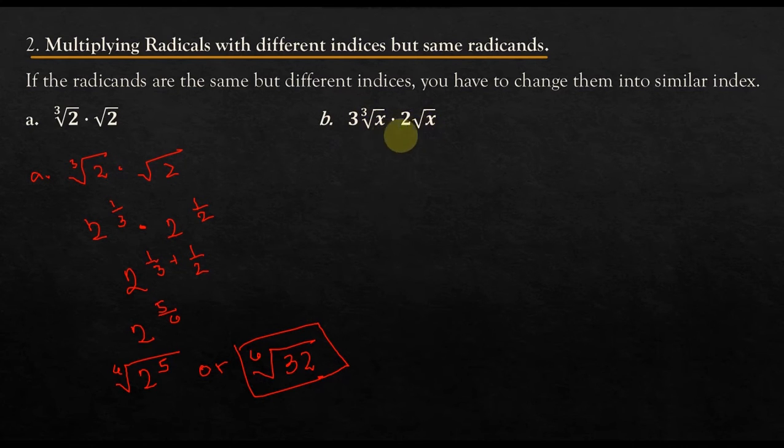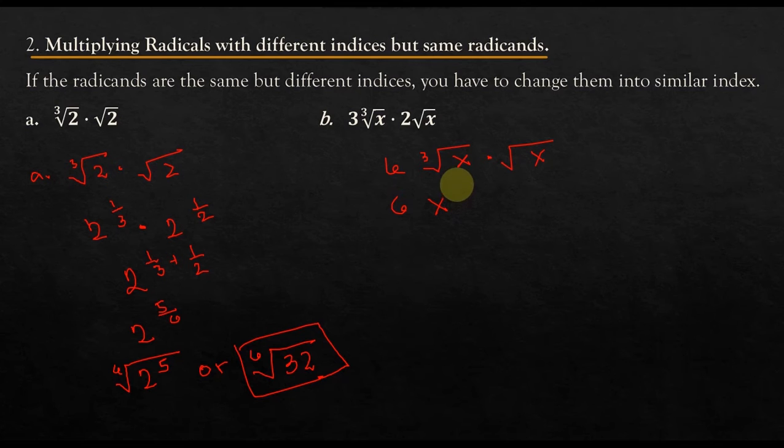Again, they have the same base, but they have different indices. So to solve for this one, first combine the coefficients. This will give us a coefficient of 6, then cube root of x times square root of x. And then we transform that to exponential form.